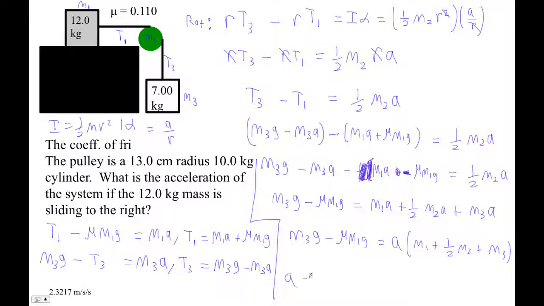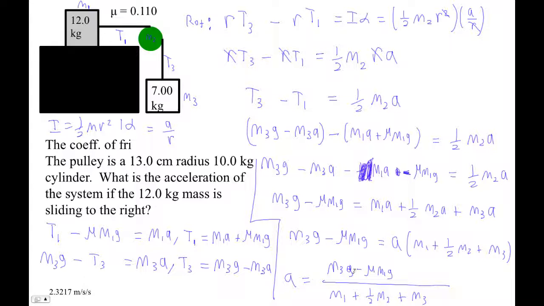Acceleration is the force causing the acceleration, which is the weight of m3, m3g, minus the force preventing it, all over all of the inertia. So m1 has to accelerate, and the pulley on average is sort of like half of it is accelerating as fast as the edge, and then plus m3.